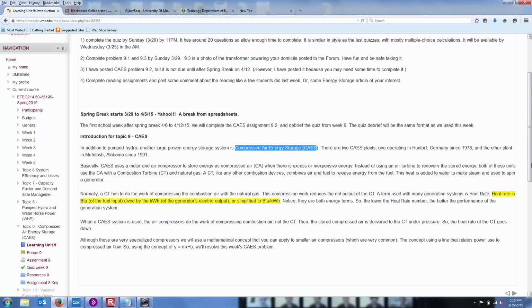Yeah, so this one's a little trickier in that you're not just putting energy into the air by compressing it. You're actually getting a little more energy by burning natural gas.